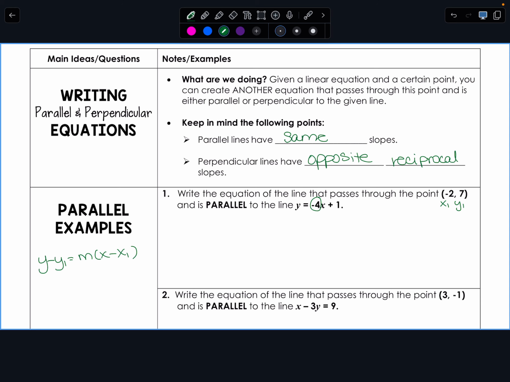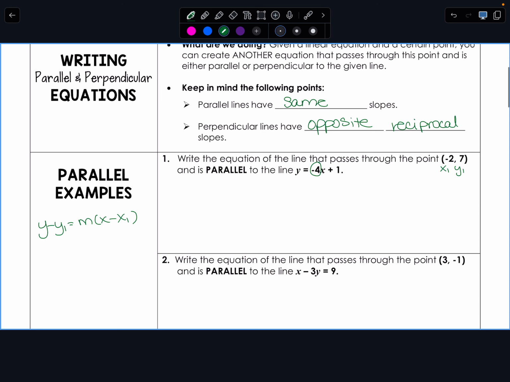Okay, so I'm going to plug in my x1 and my y1. So y minus 7. I'm going to plug in my slope, which for parallel lines is the same. I can make it the same by actually putting a negative in front. And then I have x minus a negative 2. So I have y minus 7 is equal to negative 4 times x plus 2.